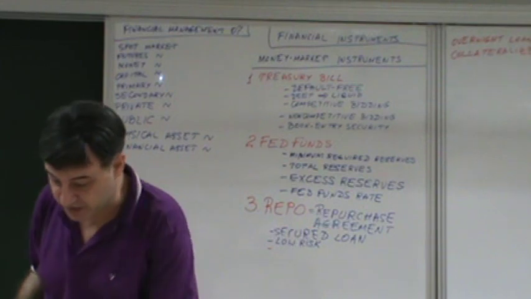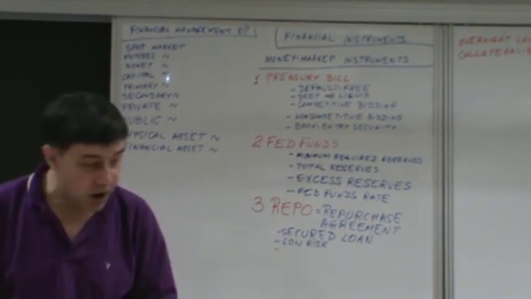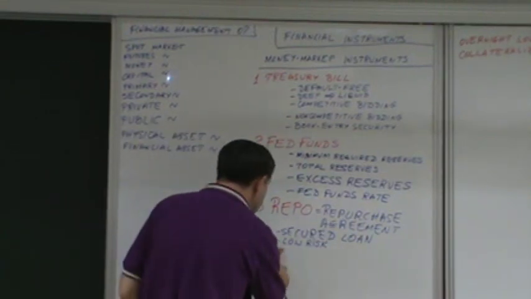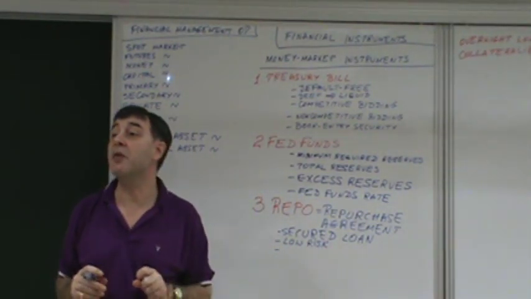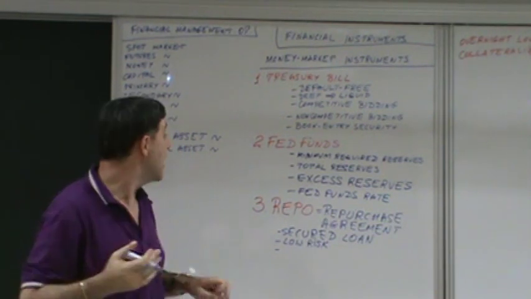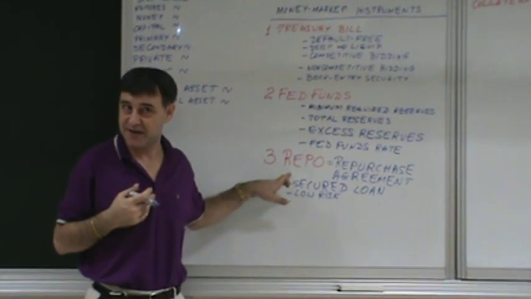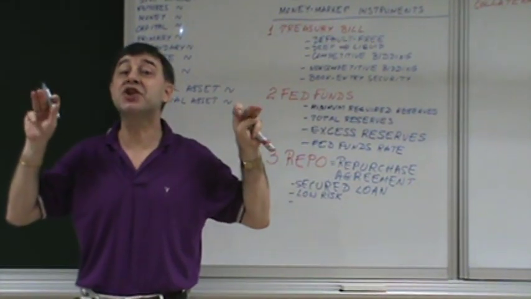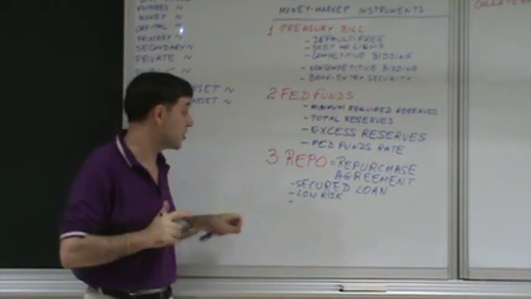Let me try to finish now and see what else. It turns out that it is used very commonly by the central bank, where the central bank likes and wants to participate. We call it intervene on the repo market to conduct monetary policy.